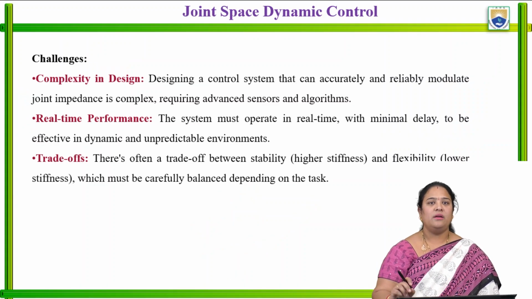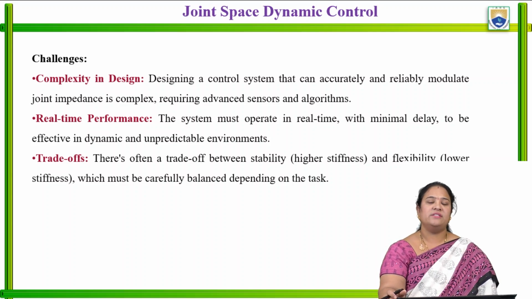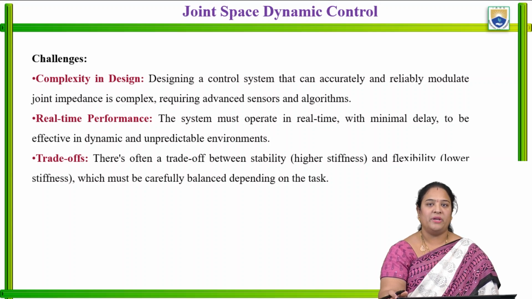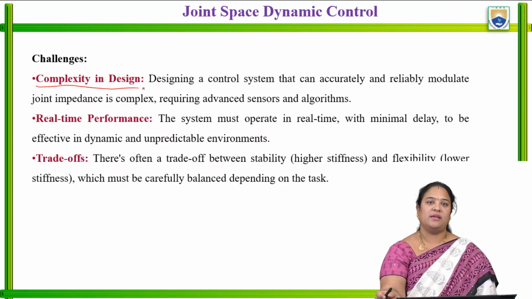And the challenges which come across this joint space dynamic are real-time performance, complex design, or the trade-off. These are the three challenges which we need to focus on. When we need to design any robot that can accurately and reliably mount the joint impedances, or when we require advanced sensors and algorithms, we need to concentrate on the complex design.